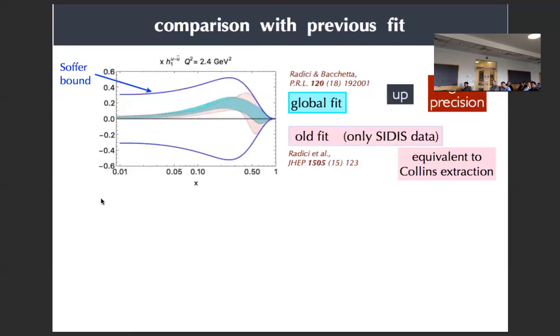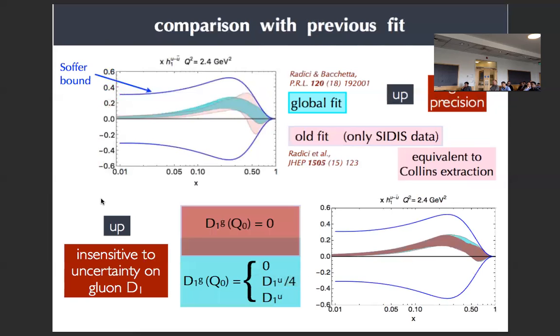So you can use this plot also to compare our global fit with the extraction from the Collins effect. We can safely conclude that at the moment, our result for the up quark is the most precise available. This result is also stable because if we change all the scenarios for our gluon di-hadron fragmentation function, the results will basically be unchanged.